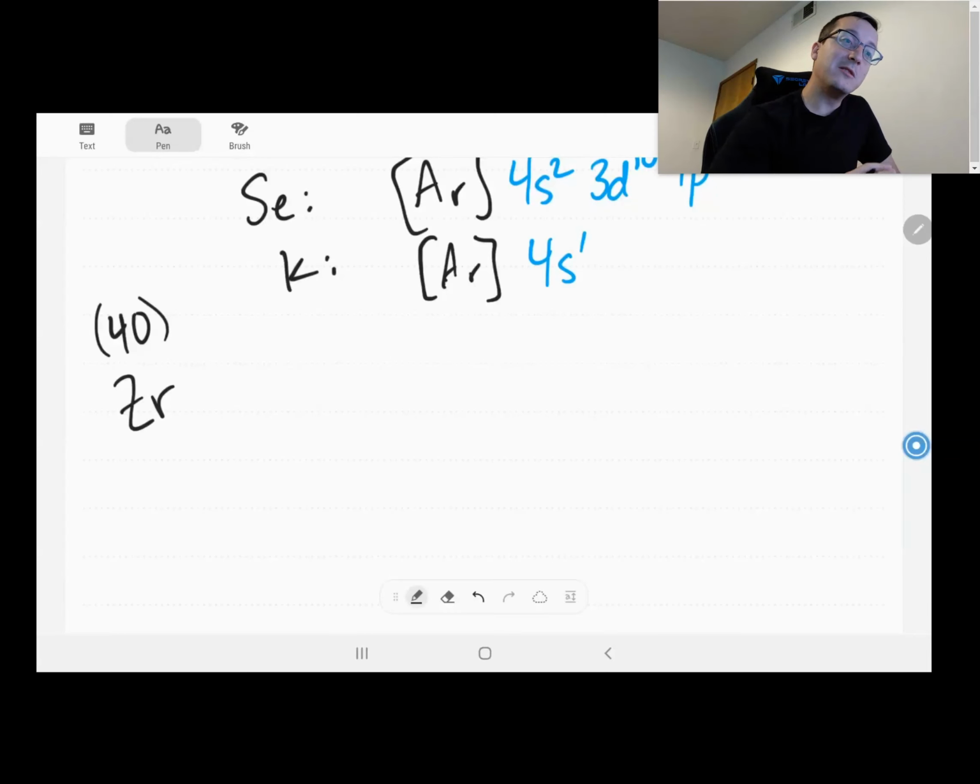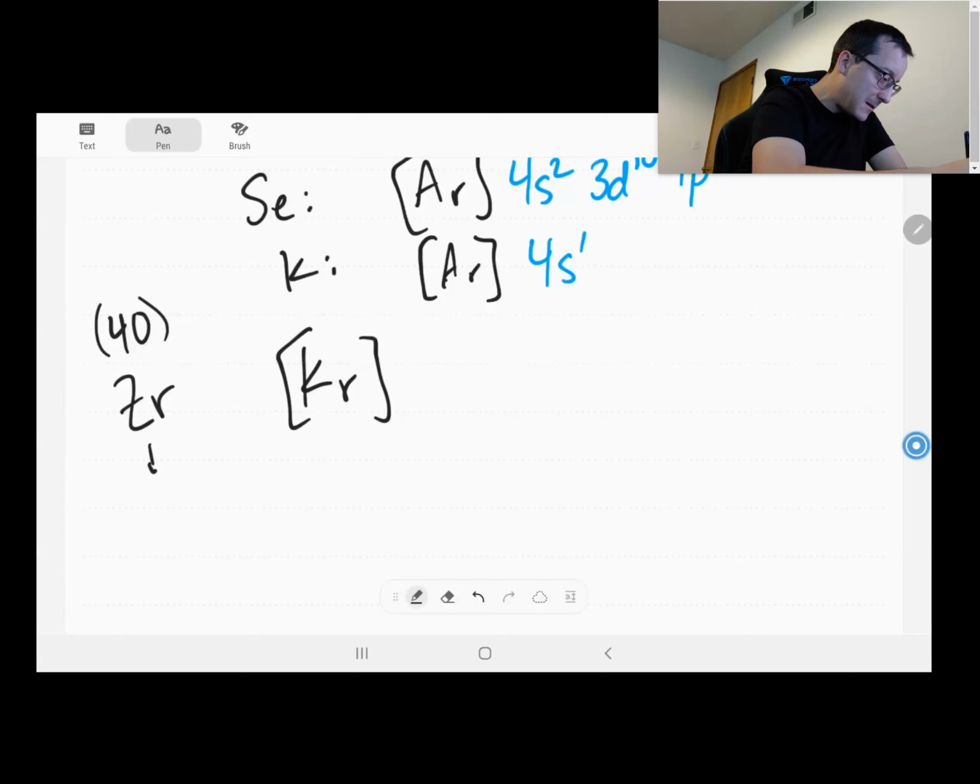So, if we're going to use this noble gas shortcut, what row is zirconium in the periodic table? It's in row 5. So we're going to use the noble gas from the fourth row, which is going to be krypton, right?